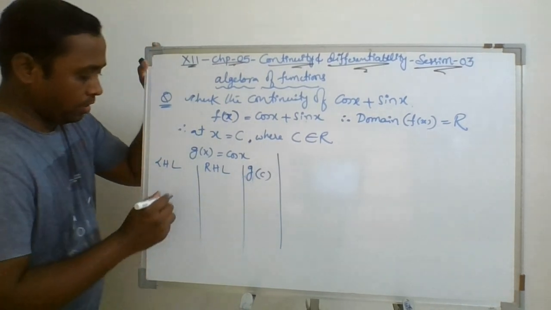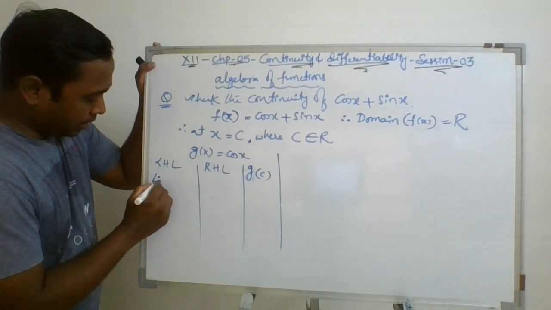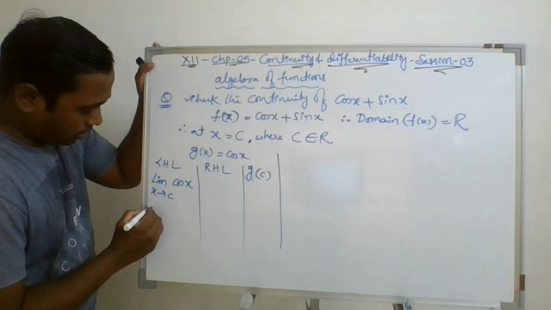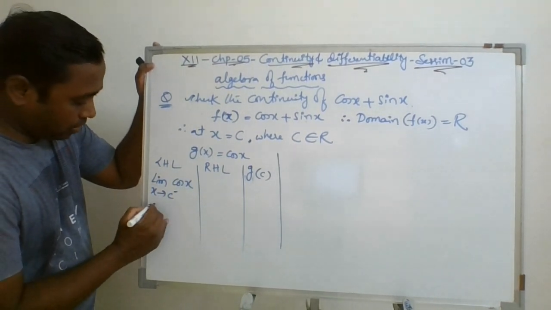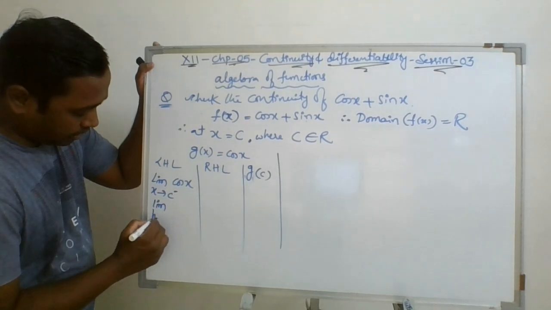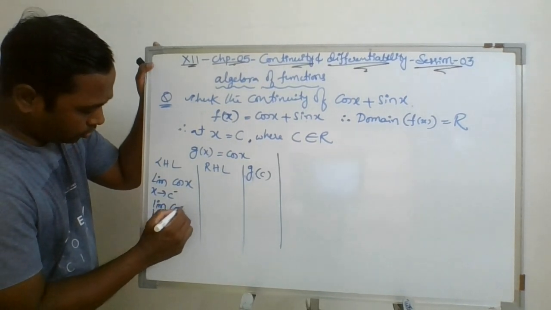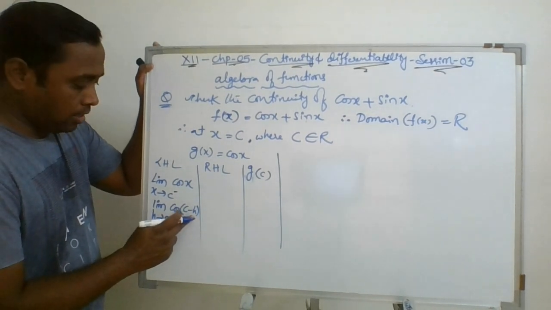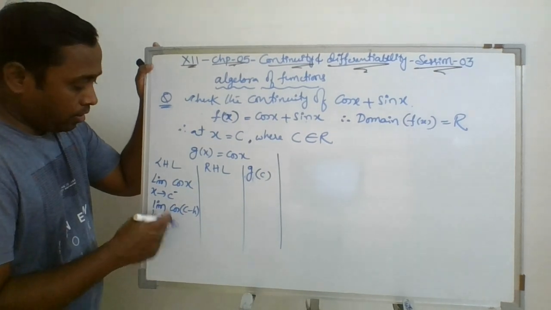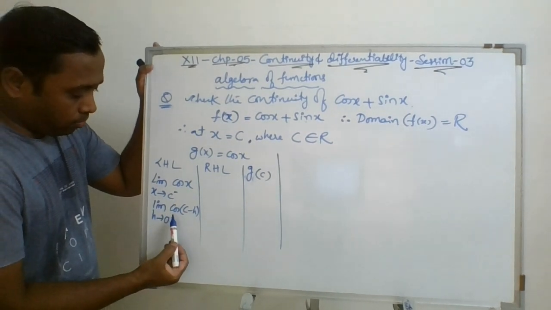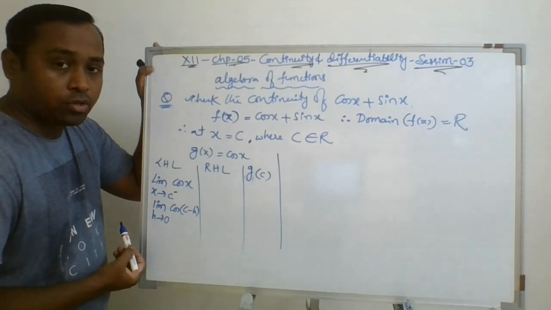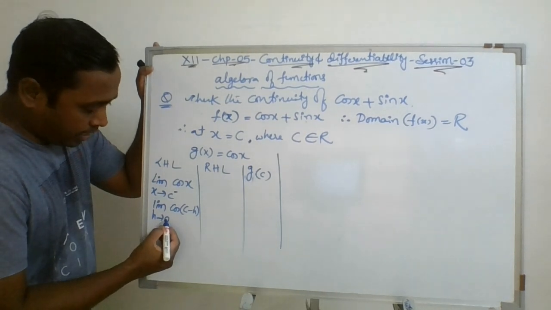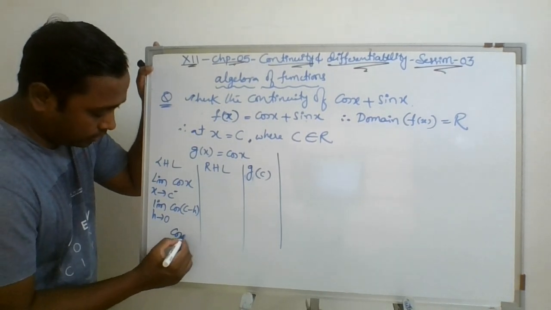First the left hand limit: I am directly writing limit x tends to c minus of cos x, and then we substitute limit h tends to 0, cos of c minus h. When you substitute 0 in that, you get cos c, right? Otherwise you may also use the formula of cos of a minus b, cos a cos b plus sin a sin b. In that way also you can move. So if you substitute h value 0, you will get cos c.